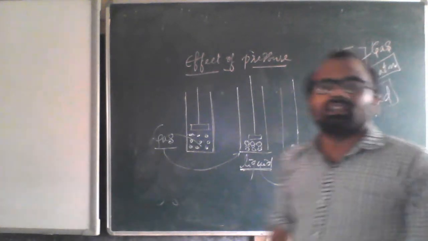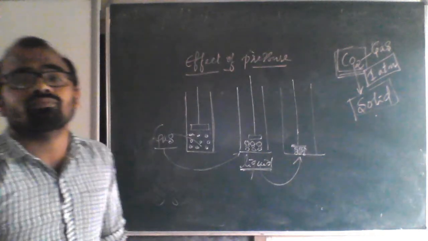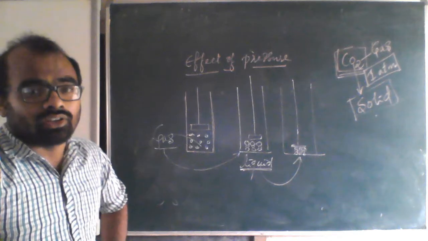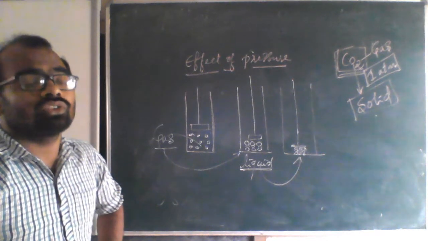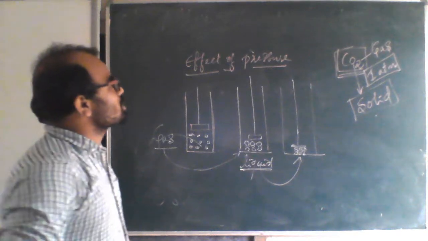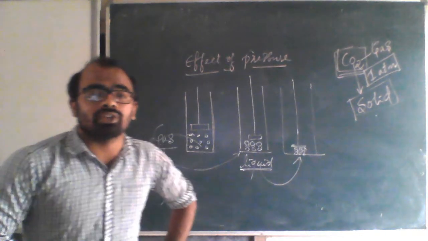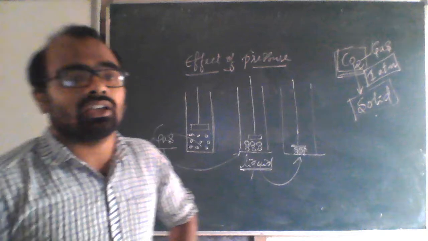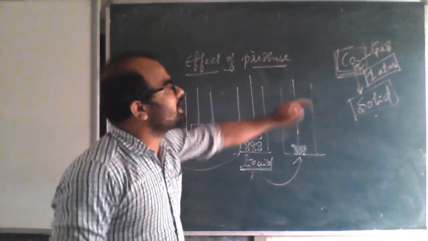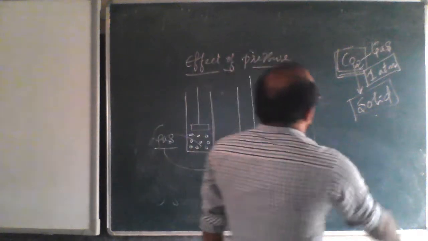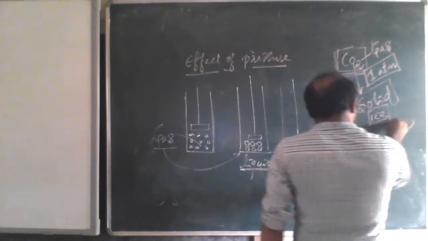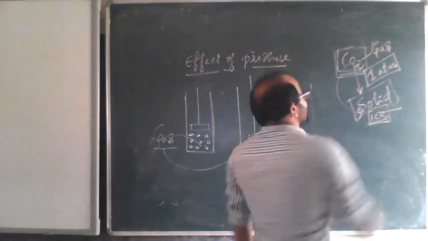Directly it will convert to a solid state when you maintain its pressure at 1 atmosphere. If you maintain the CO2 at 1 atmosphere pressure, it will become solid ice. So that is why CO2 is called by the name solid ice.